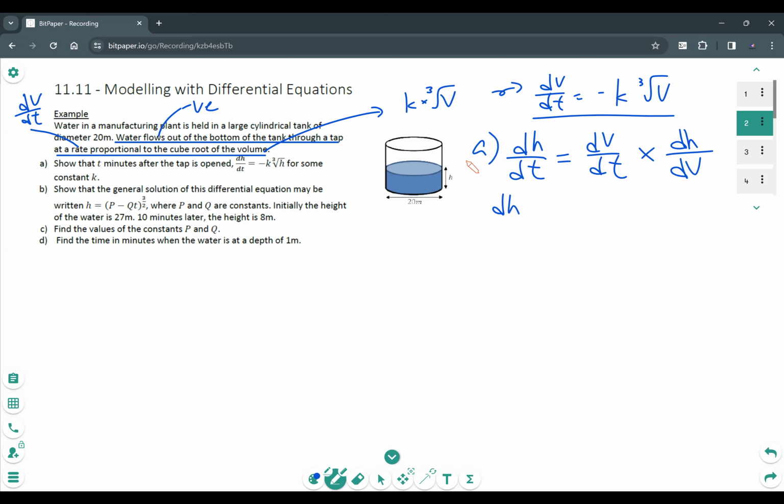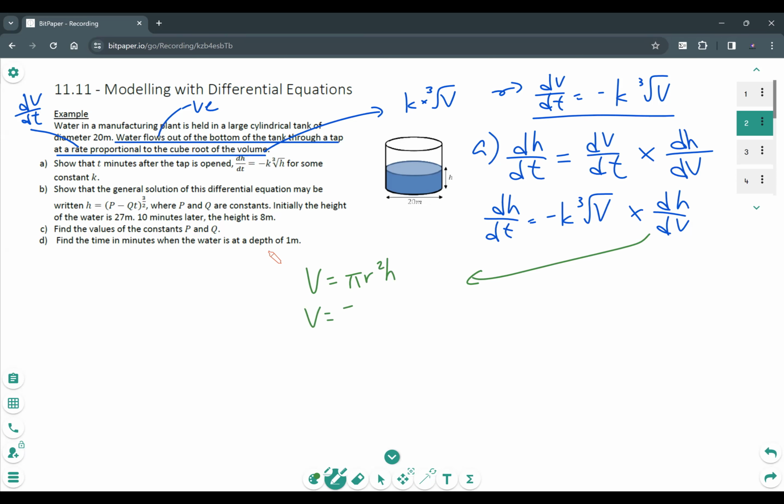So I'm going to rewrite the equation. We know dV by dt, given by the question, is negative k times the cube root of V, times dh by dV. So what's dh by dV? First of all, we need an equation that links V and h together. In a cylinder, volume equals pi r squared h. The radius is 10, so pi times 10 squared times height, so V equals 100 pi h.